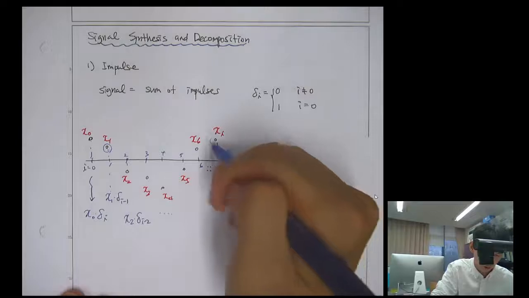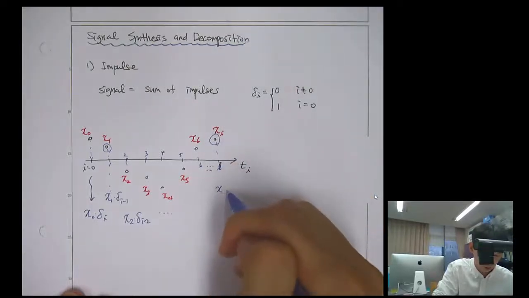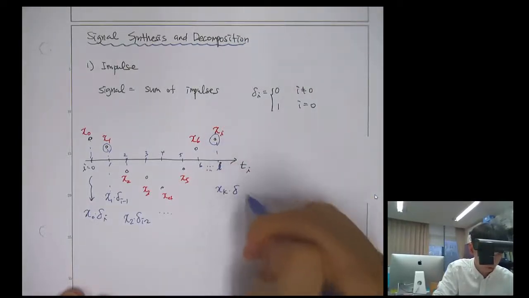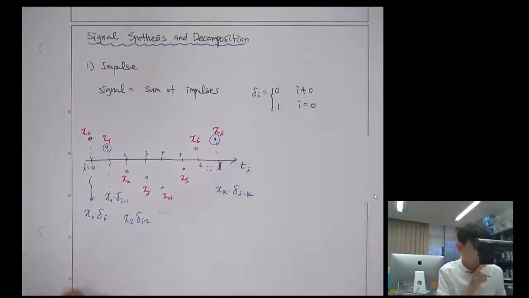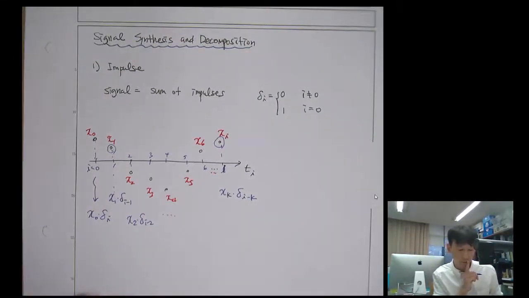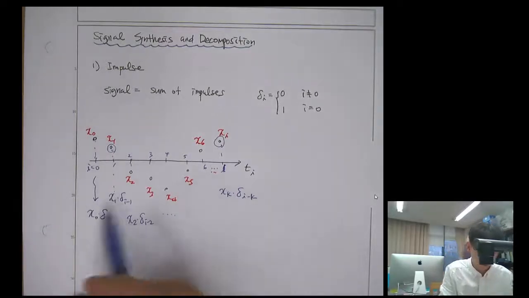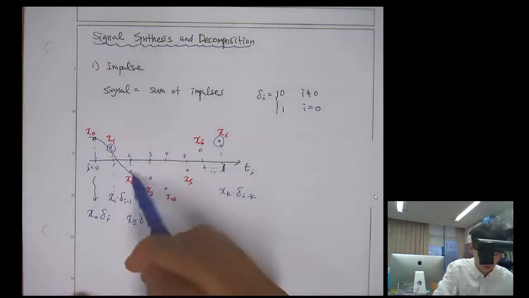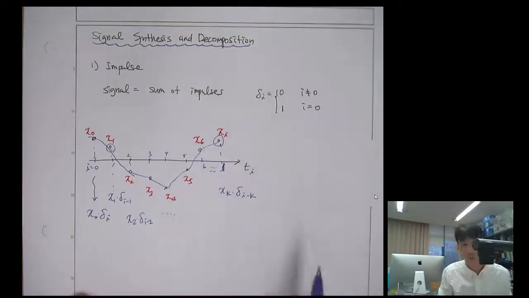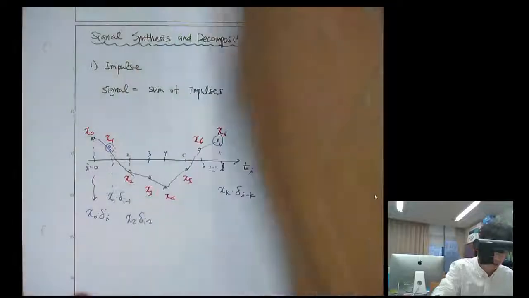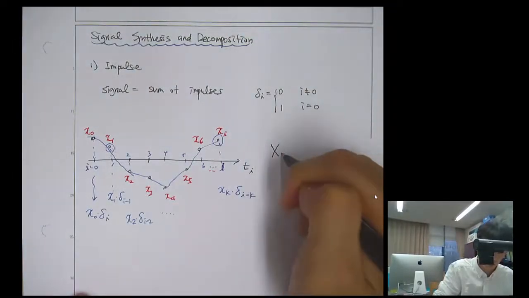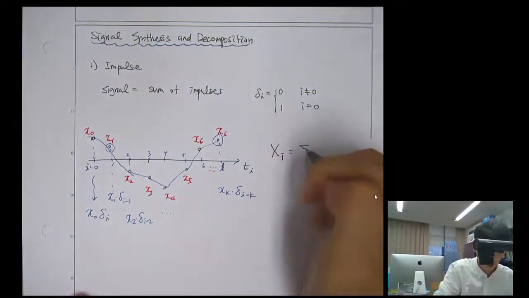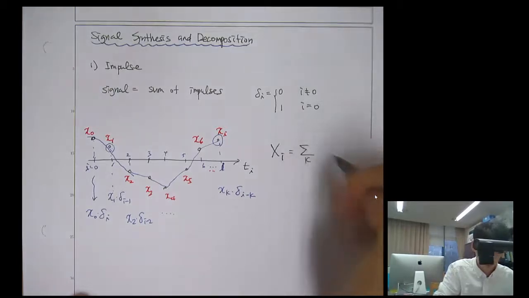And then here, the last one will be xk times delta I minus k. So then, when we combine all of this, this becomes the whole signal, right? Then this can be capital X, I, equals the sum of xk delta I minus k.